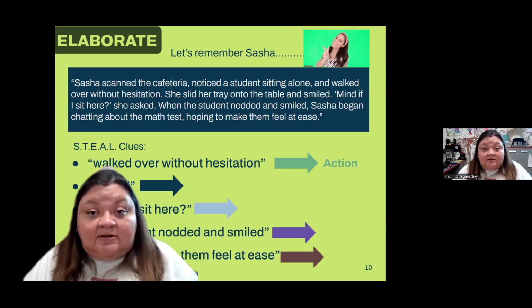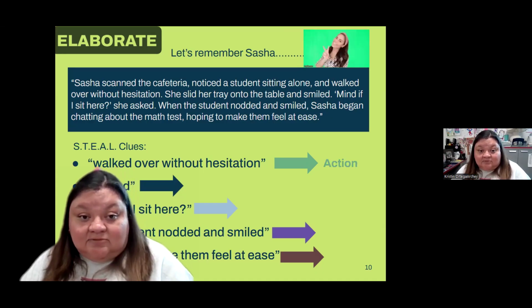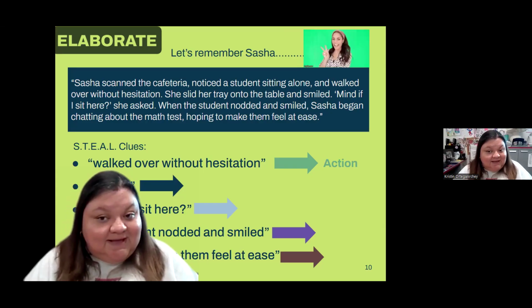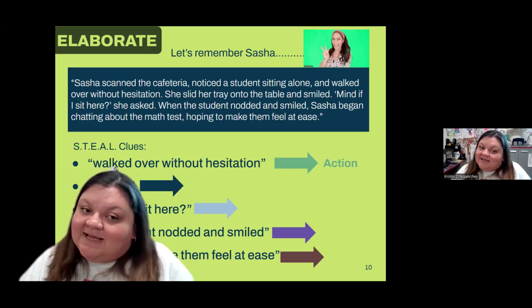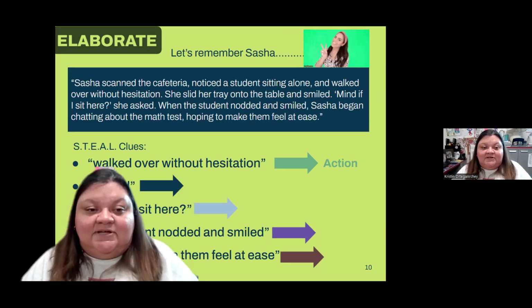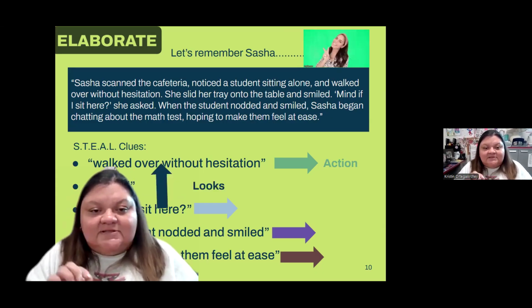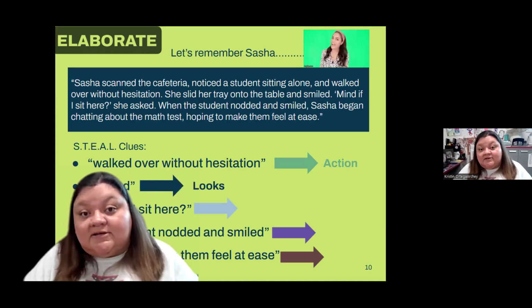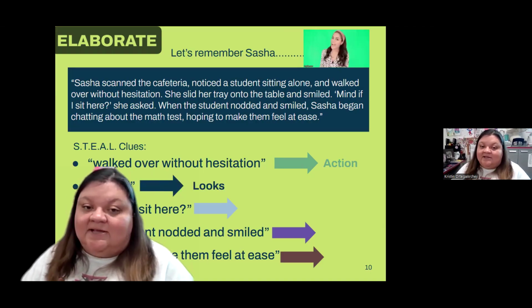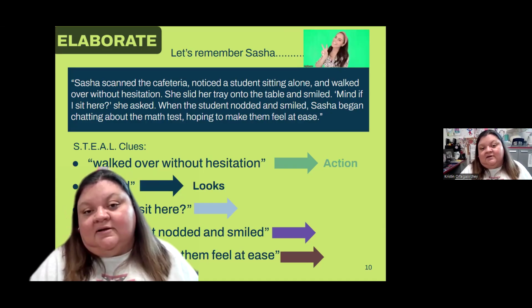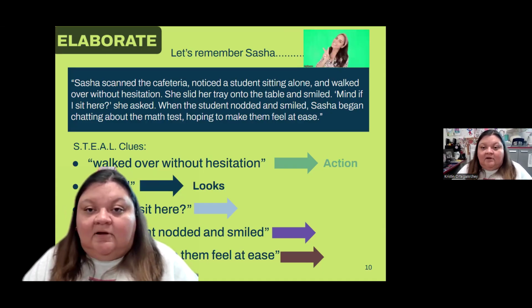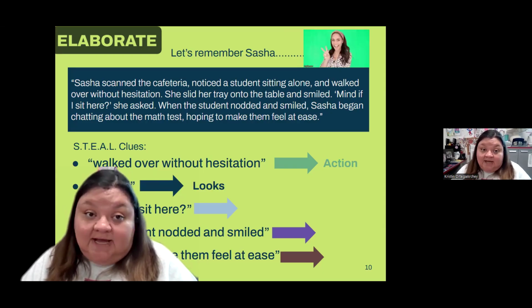She slid her tray onto the table and smiled. She doesn't say anything. It is a form of action, however this one falls a little bit more under looks. When somebody smiles at you, it tells you a lot about their character. And when she smiles, she says, "Mind if I sit here?" she asked.